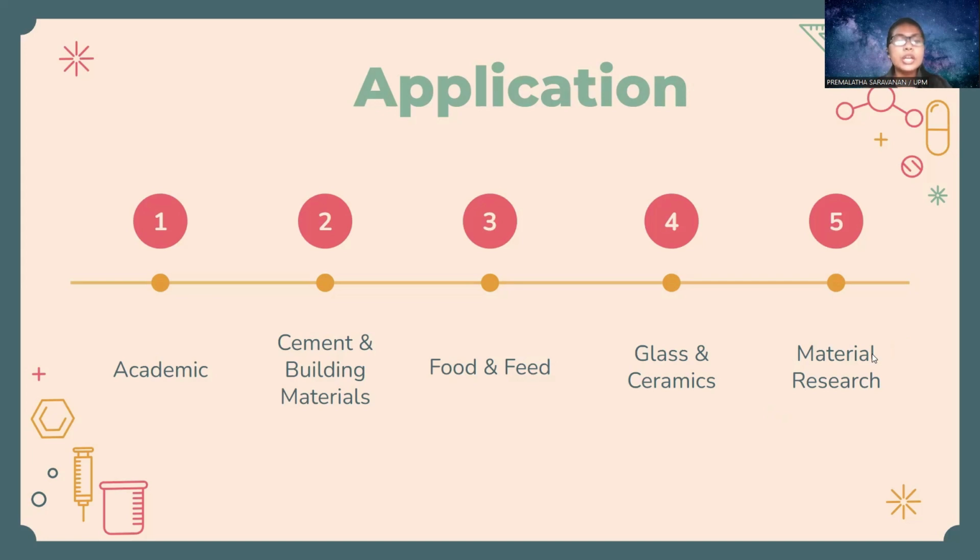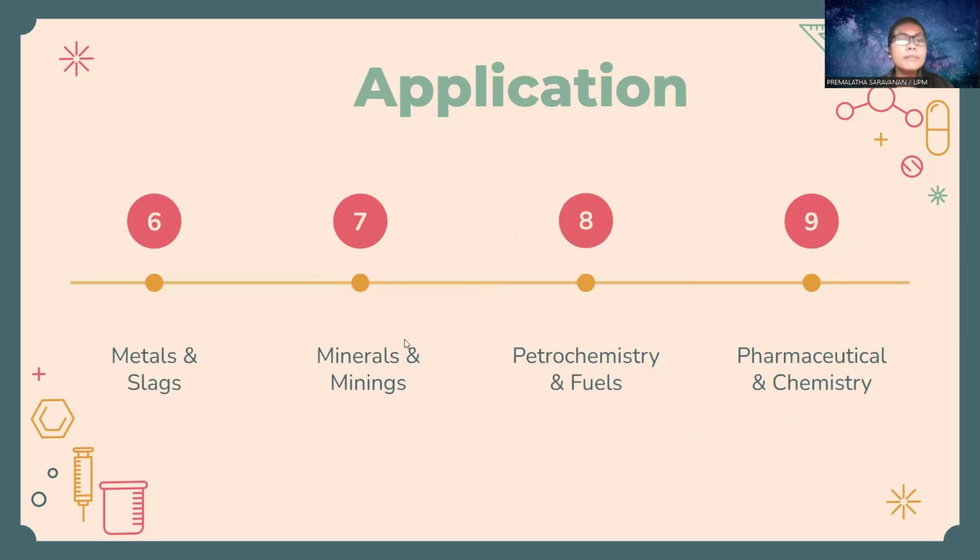Material research. In product development, XRF spectrometer determines the purity of material properties and elemental composition with high detection power. The software enables the quick quantification of element concentration with or without prior calibration work. Metals and slags.